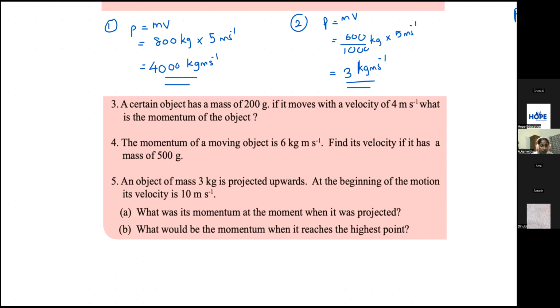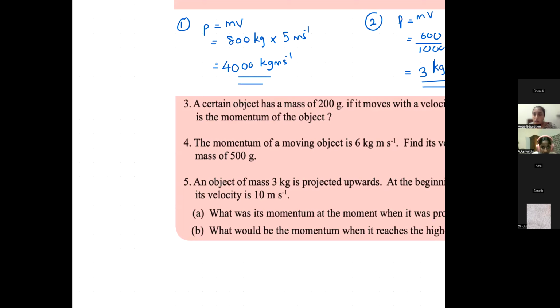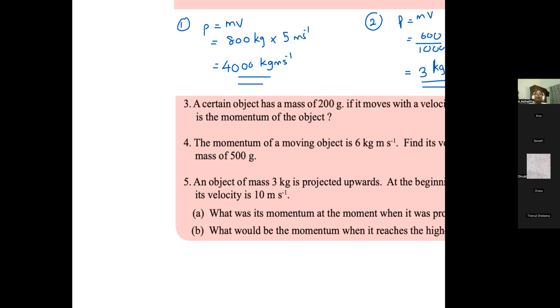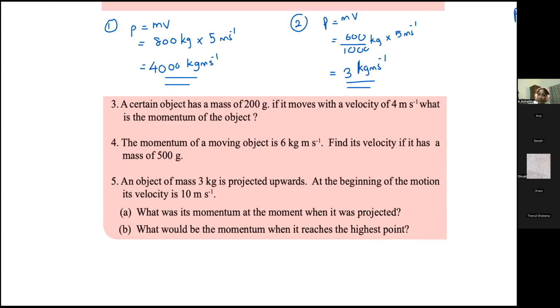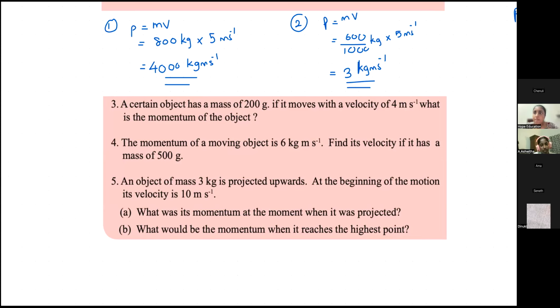Teacher, done. Okay, who else is done? Chenuli, try joining again, then you might be able to see the whiteboard. What about the others? Seneth, still doing or done? Dinuki?